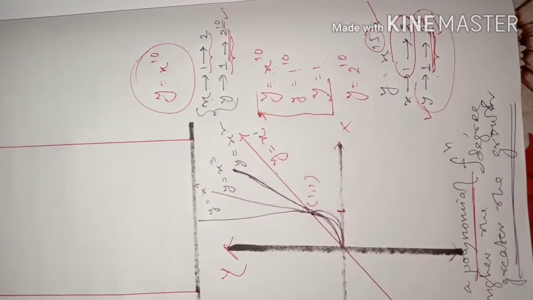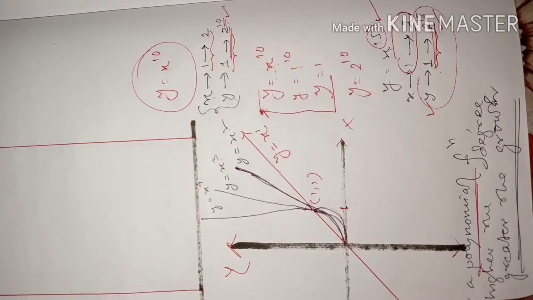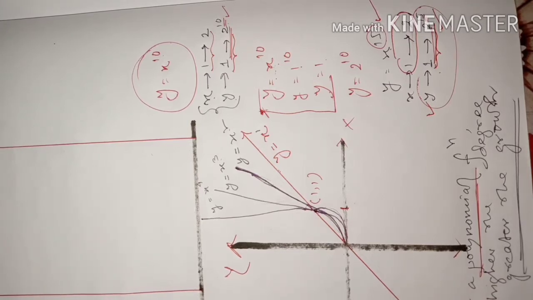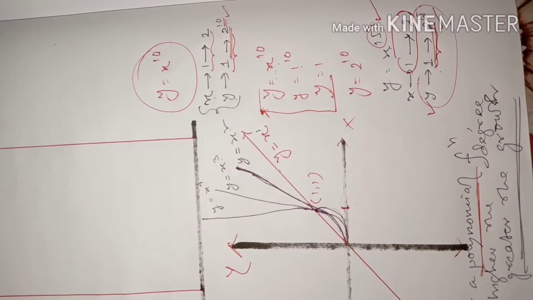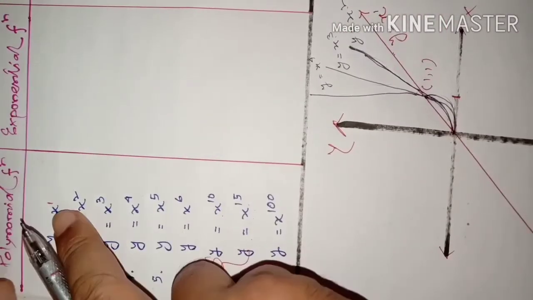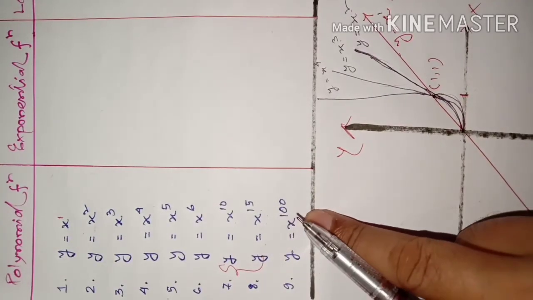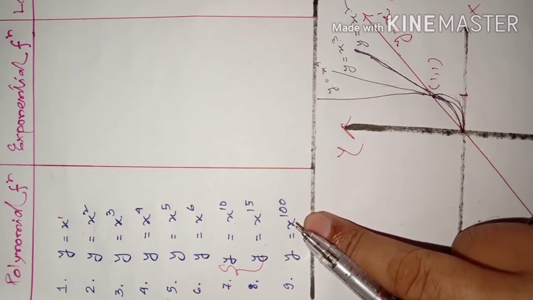Okay now, students, the same type of concept we will bring into another form of function. If you notice, in all these polynomial functions, only the degrees are some real numbers.